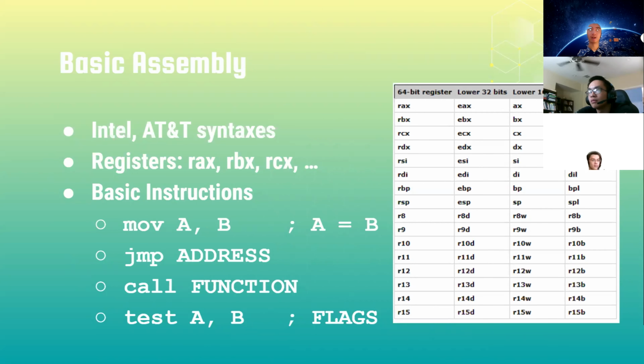And there is also the test instruction. It basically does a logical AND operation on the operands, and then it stores the result in the flags register. The flags register is kind of a group of registers. For example, you can have the non-zero flag.